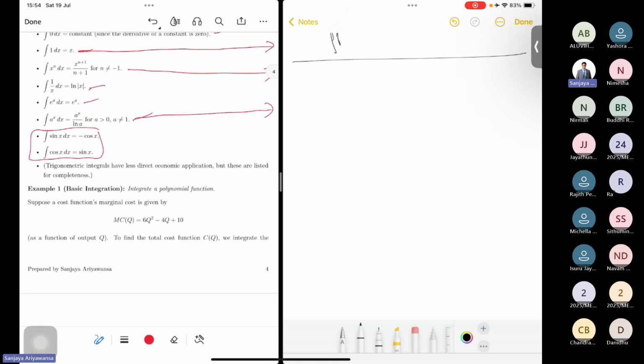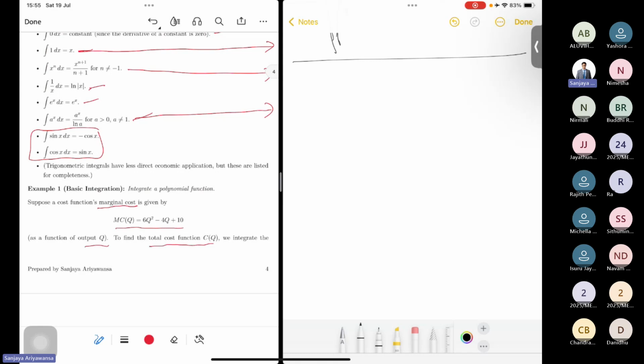We covered a lot of rules, and it's only through examples that you get used to using these rules, and that's important. So we are told, integrate a polynomial function. Suppose the cost function's marginal cost is given by this function of output q.